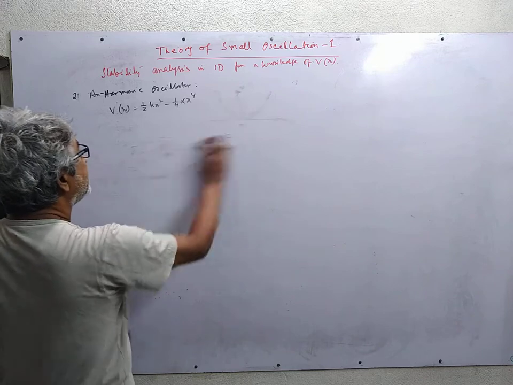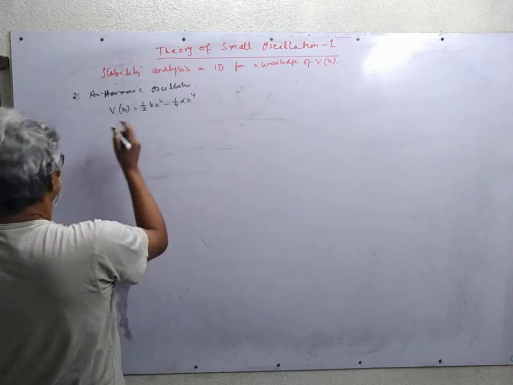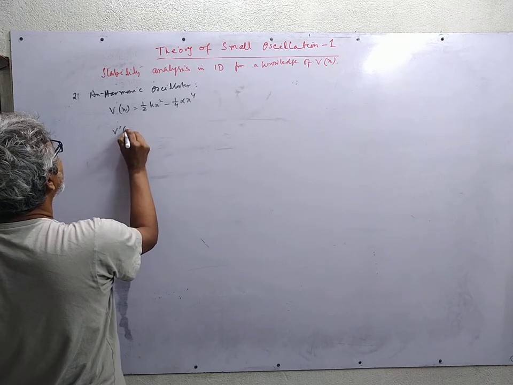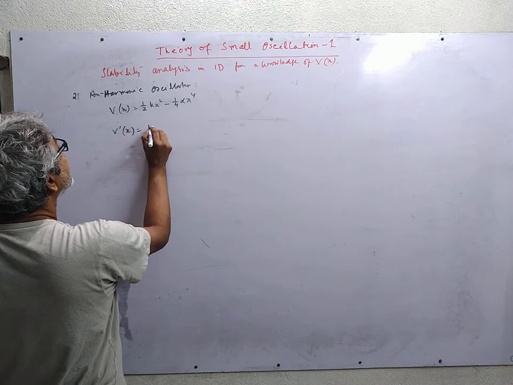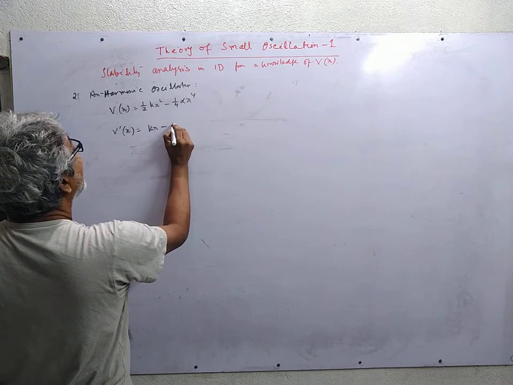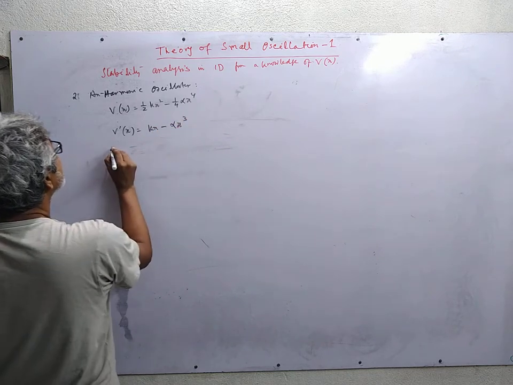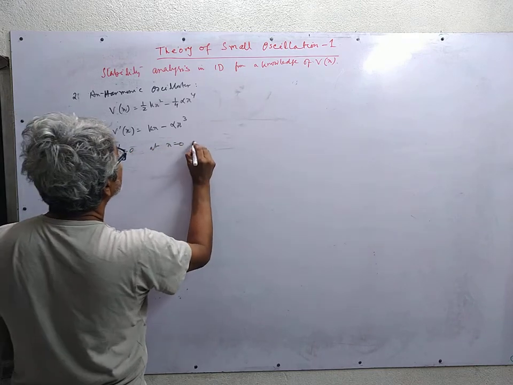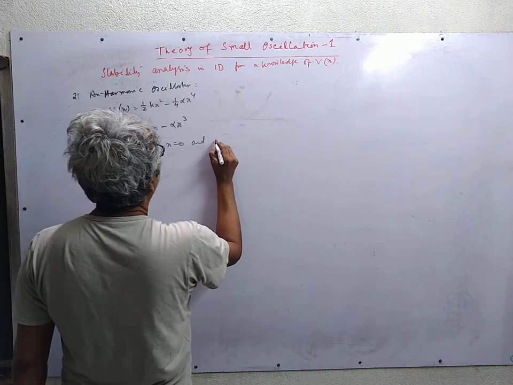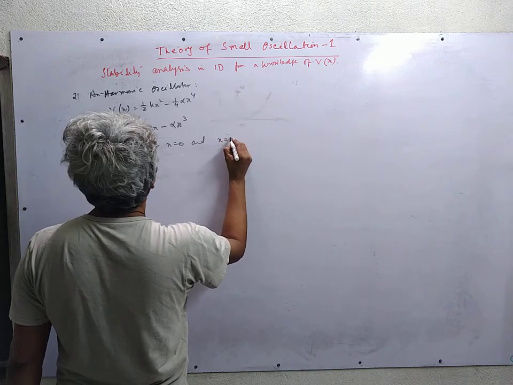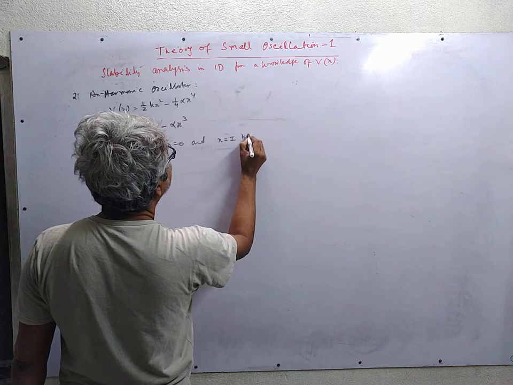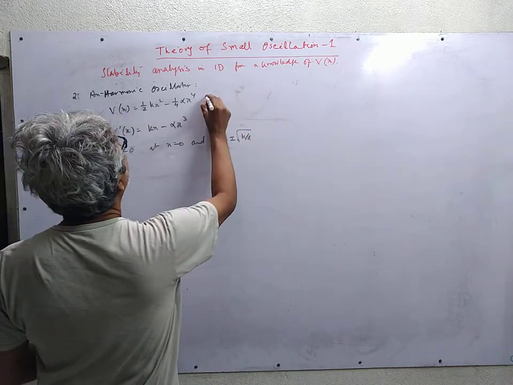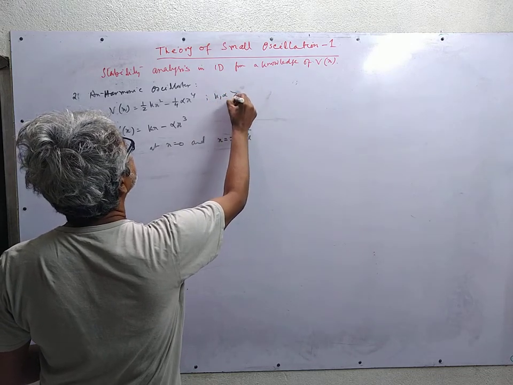So we first make the analysis of stability. So V prime of x is equal to kx minus alpha x cube. So V prime is 0 at x equal to 0 and at x equal to plus minus square root of k by alpha. Here both k and alpha are positive constants.